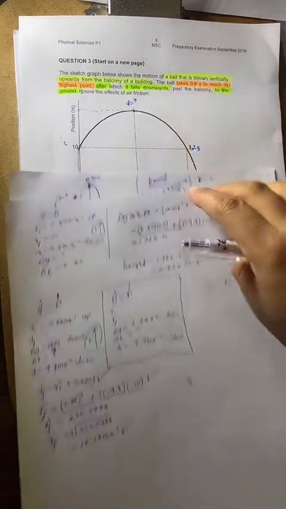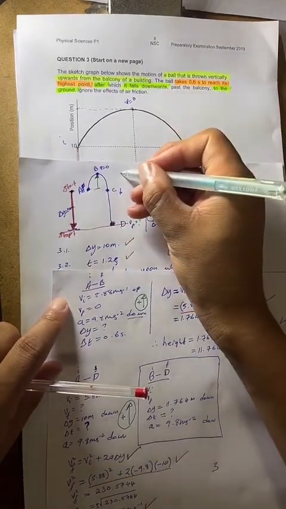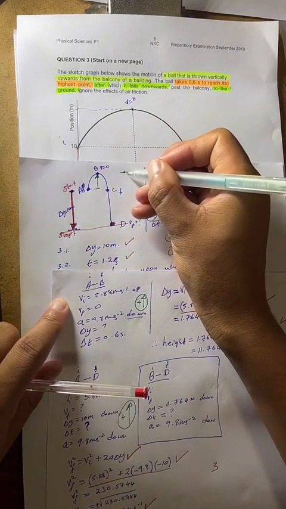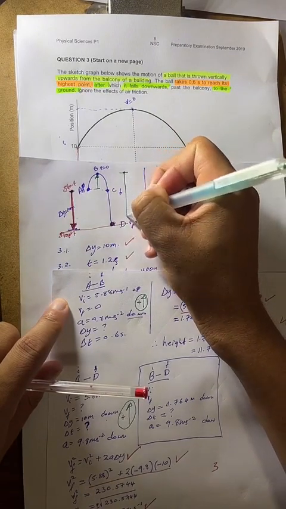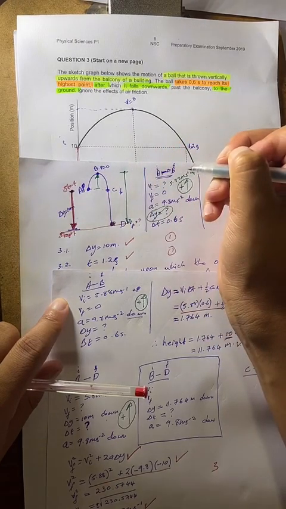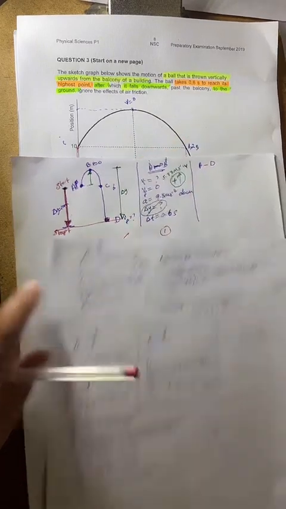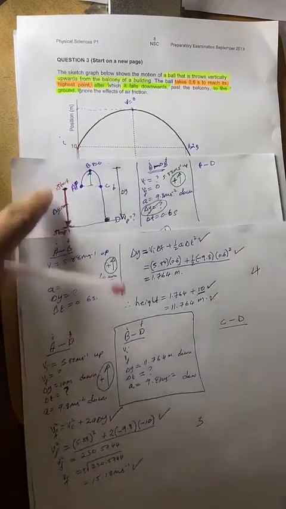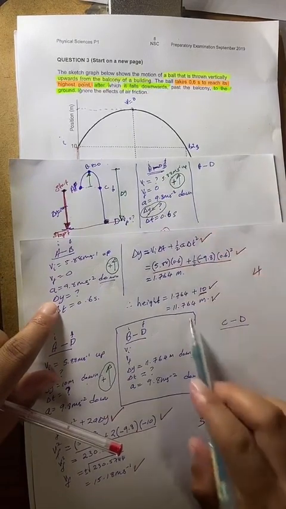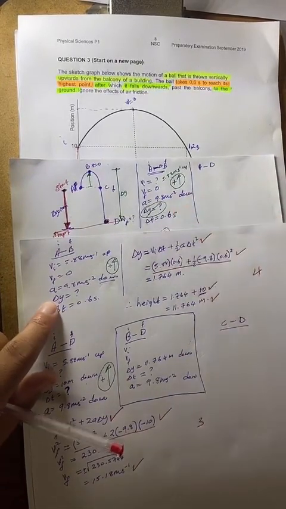It lands on the ground, so it starts from this point. We make a dot there. It lands below that point, so we make an arrow there. You see the direction of the displacement. So this becomes your displacement if you start from B to D. So that's why it is no longer 10. It is 11.764, and it is in the downward direction.